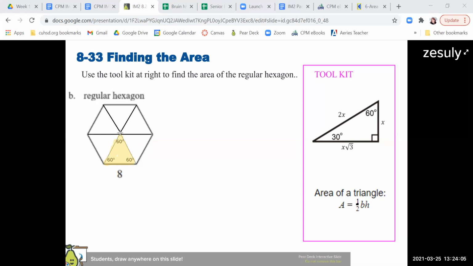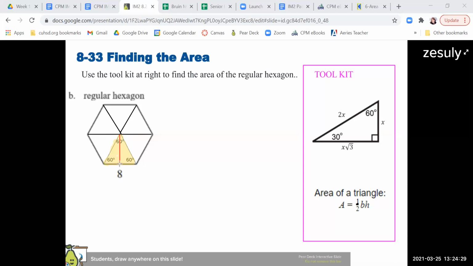So what I'm going to do is draw in a height. And the height has to be perpendicular to the base. And because this is equilateral, that line perfectly cuts the top angle, the 60-degree angle, in half. And it cuts the bottom side, which is 8 units long, in half.